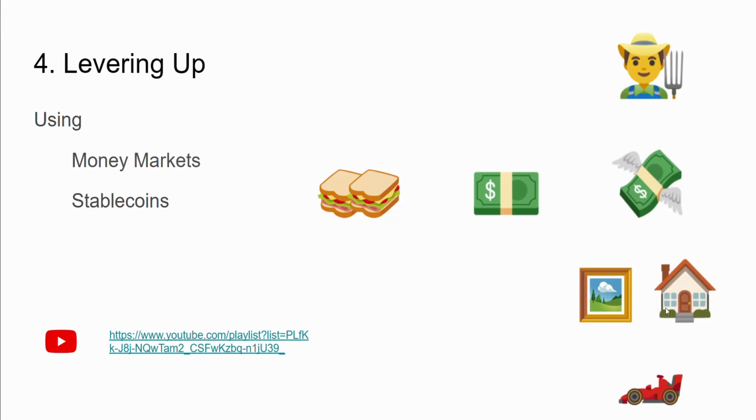So this is a little bit speculating, a little bit risky, but it's still levering up, okay? Because I didn't sell my sandwiches in order to buy my house. I just used the value of my sandwiches to borrow money, which is a tax write-off in most countries, the interest, right? And then I use that value to buy one of these assets and hope they will go up in value or subsidize my living costs or something like this.